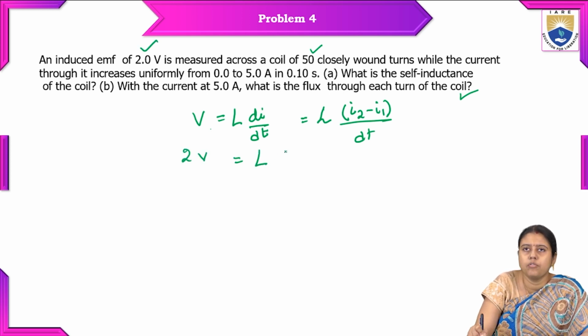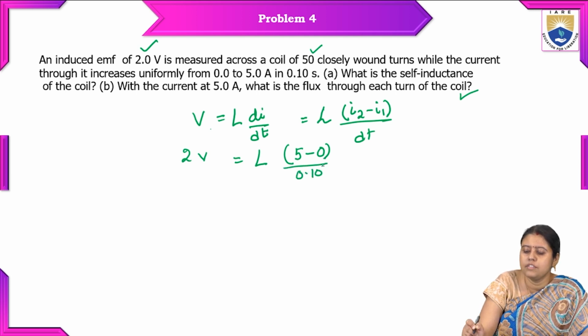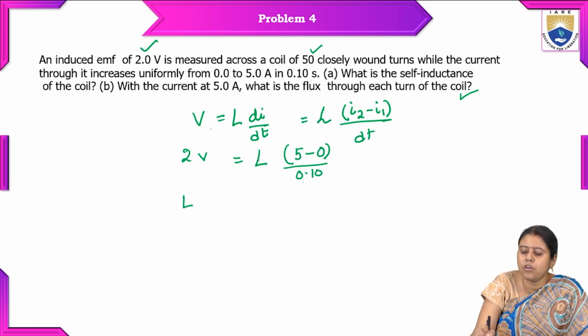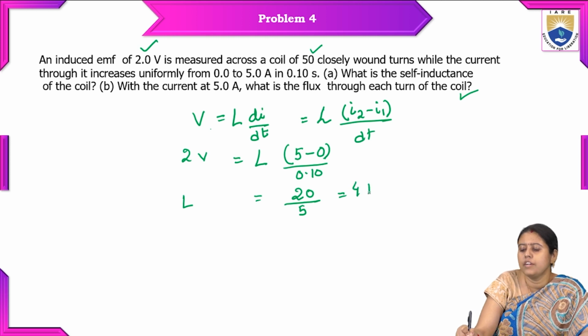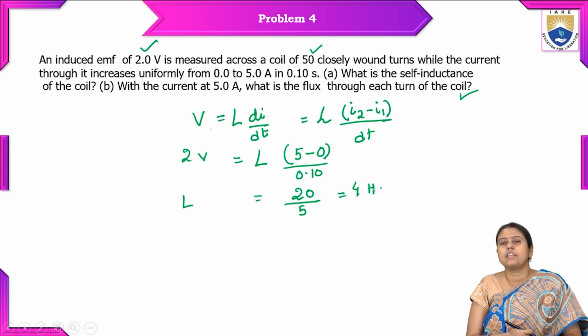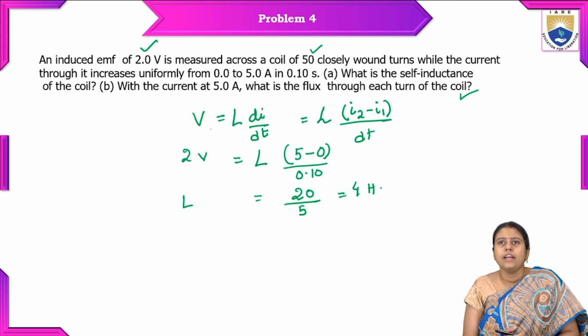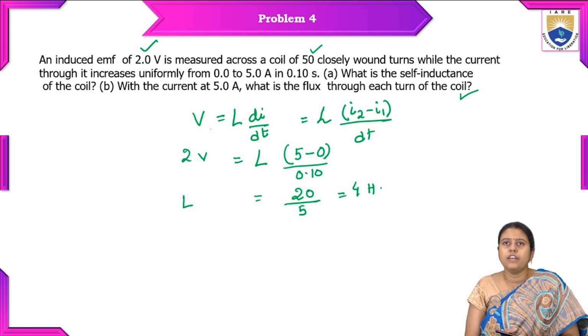L we have to calculate. I2 goes from 0 to 5 ampere, so 5 minus 0 in 0.1 second. So what is the value of L? L is 20 by 5, which means 4 Henry. So we got the self inductance.